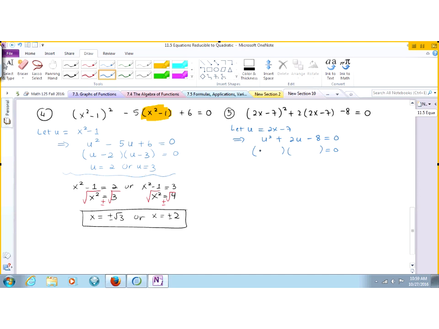Okay, can you guys work on it? Yes. What is this? (u plus 4)(u minus 2)? Yes. So u is equal to negative 4, or u is equal to 2. All right. Then what?